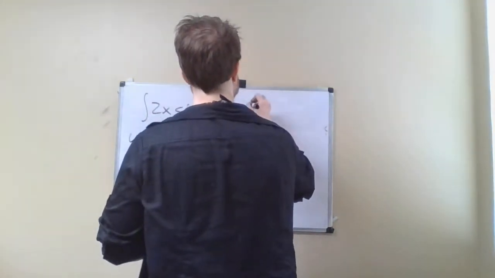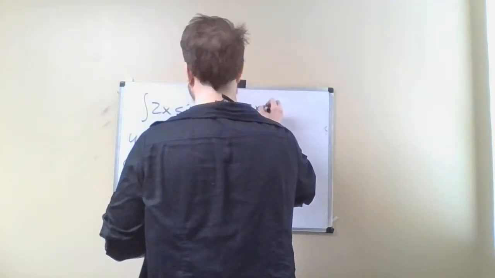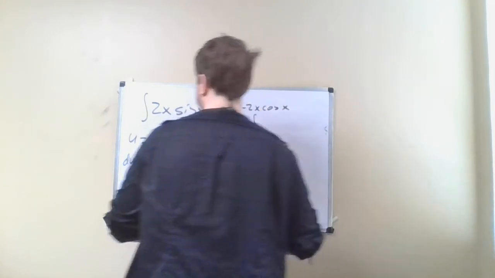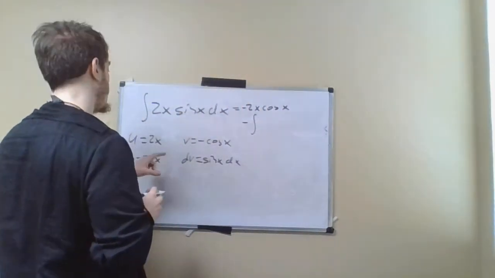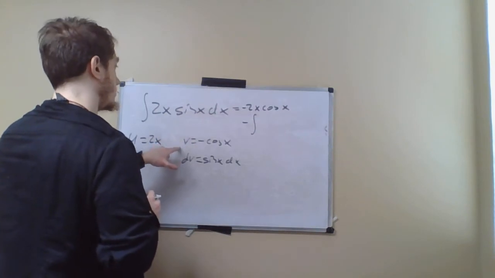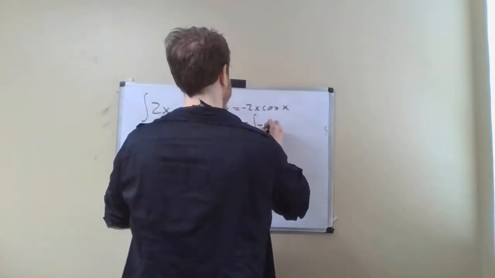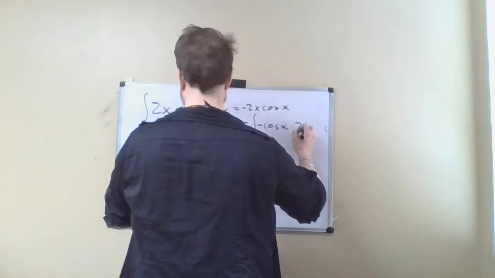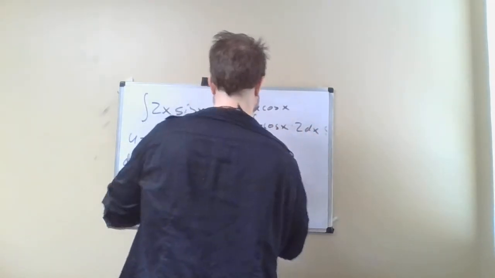Well, uv is now going to be negative 2x cosine x. And then I'm going to be subtracting the integral of v du. So that's going to be negative cosine x times 2 dx.